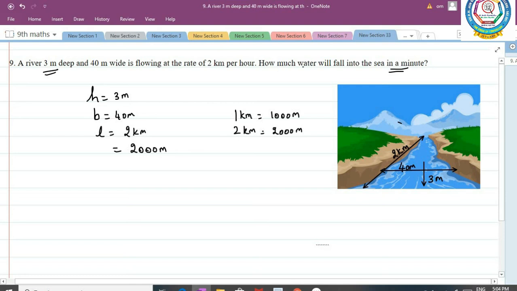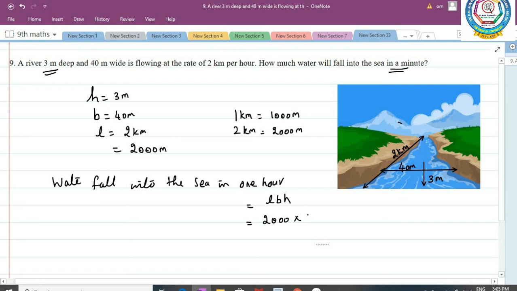But the question: how much water will fall in a minute? First I am going to find out the water that falls into the sea in 1 hour. That is equal to length into breadth into height. Length is 2000, breadth is 40, then height is 3.